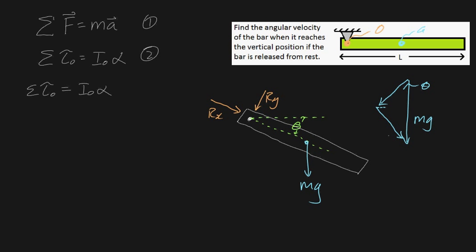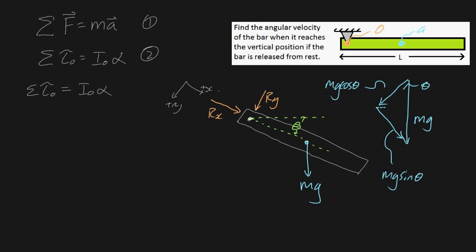So that means that the component of mg in the x direction is mg sine theta, and the component in the normal direction, in the y direction, is mg cosine theta. I should mention that I've clearly defined this to be positive x, and I've defined this to be positive y.